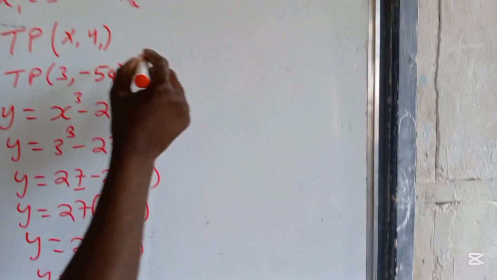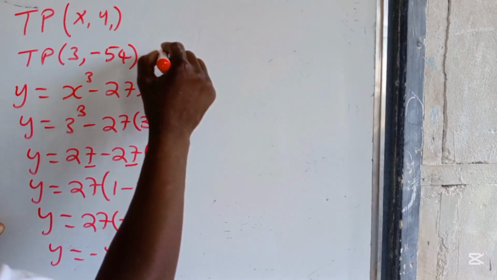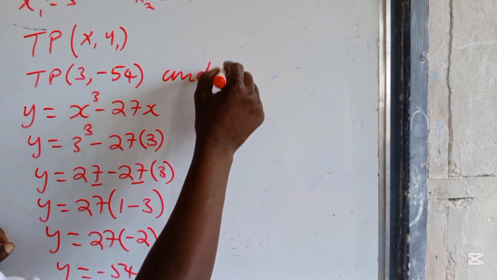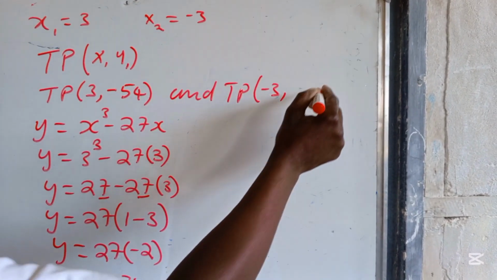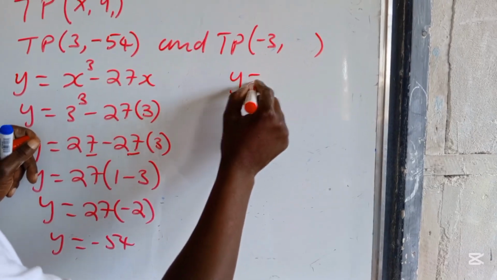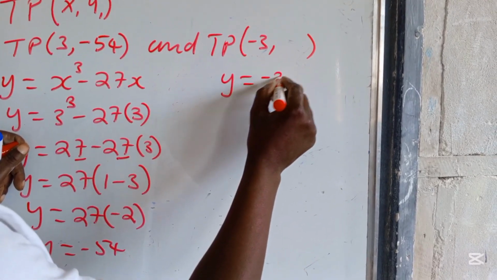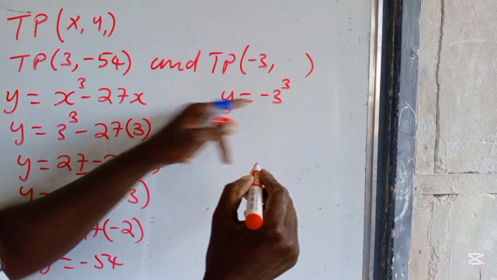The other turning point, because there are two, will be x equals negative 3. Again, here I replace x by negative 3. Be careful, I'm replacing by negative 3, so it's not in brackets, but just negative 3.